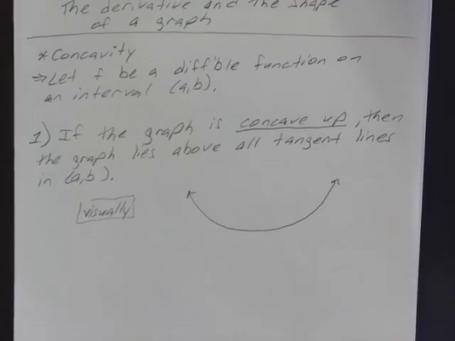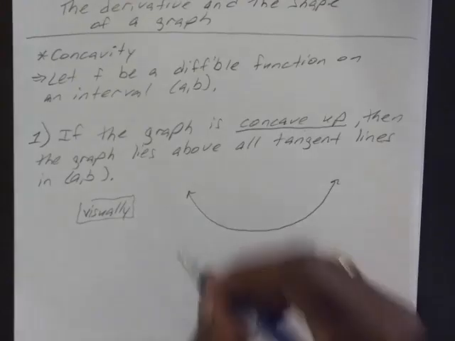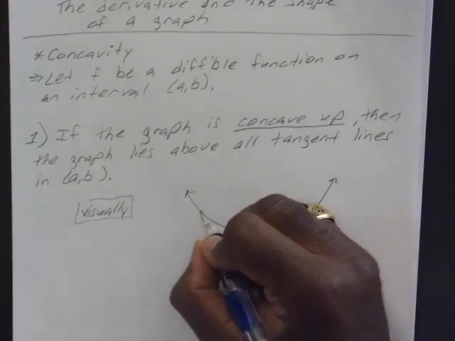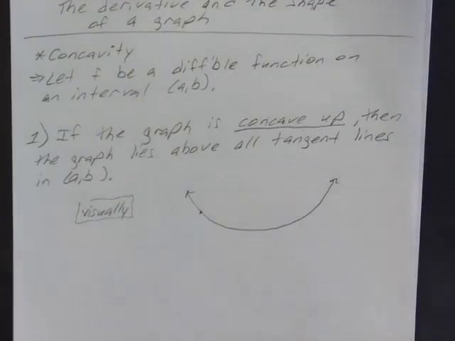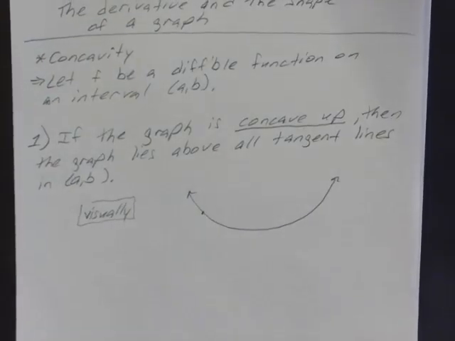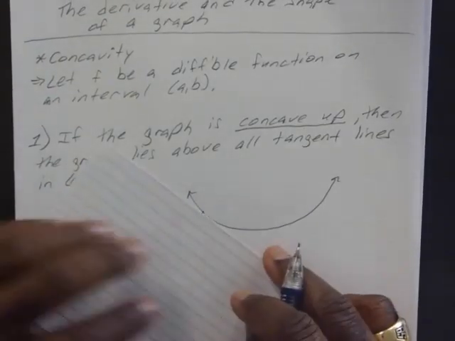Now I'll just get an index card. So let's say we decide we're going to draw our slope of the tangent line, or first derivative, at this point.